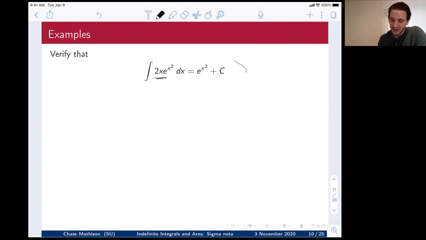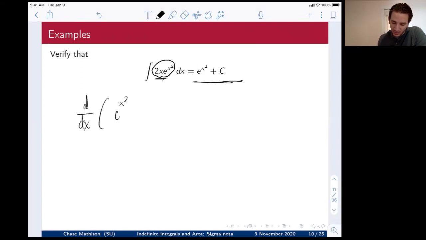But if I tell you, well, I think the antiderivative is this, it's very easy for us to check. So to check that this is the antiderivative of 2x e to the x squared, I can just take the derivative of what's on the right, and if I get what's on the inside of the integral, then it is indeed the correct antiderivative.